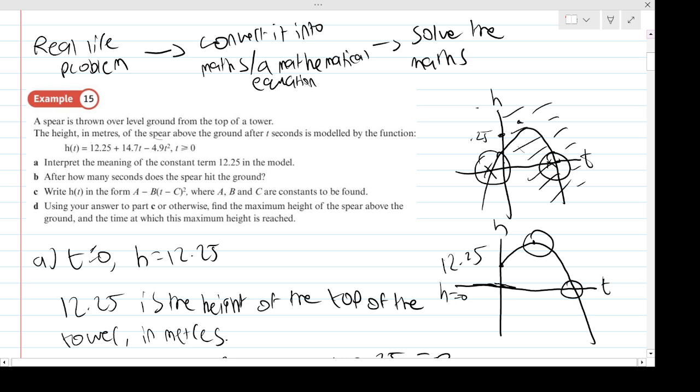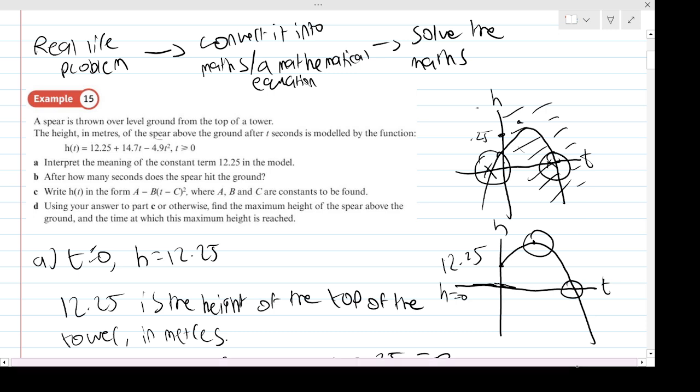So here, what we did is, well, they did the first bit for us. We have a real life problem, and then they gave us the quadratic, right? So they told us the projection. So the motion, the movement of the sphere resembles this quadratic, which we see here, right? This graph here.